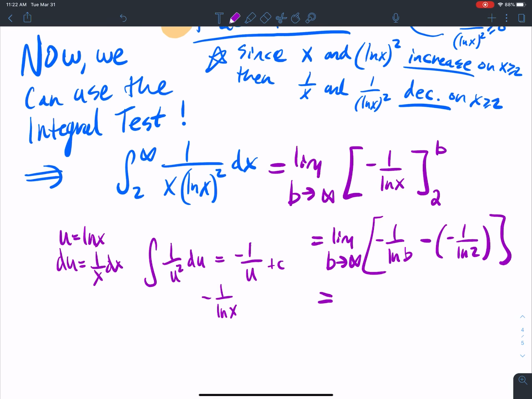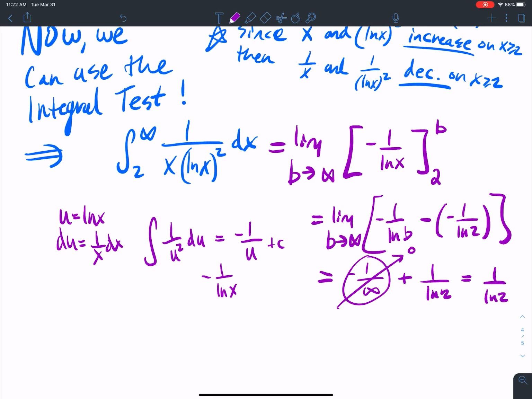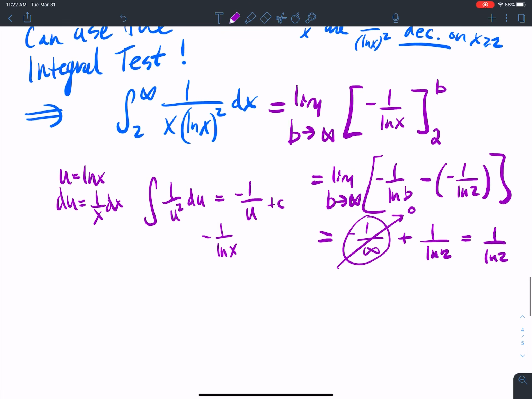What does this equal? Well, as b goes to infinity, ln b goes to ln infinity, that's negative 1 over infinity. And then minus a minus becomes a plus 1 over ln 2. So this goes to 0, and this becomes 1 over ln 2. Wow, that is interesting, 1 over ln 2.